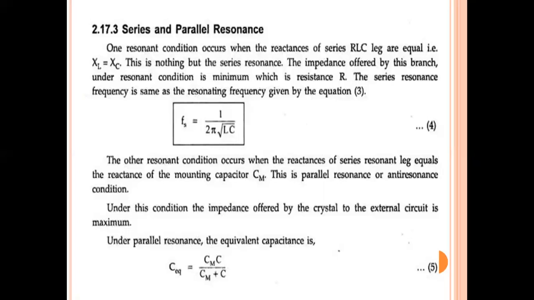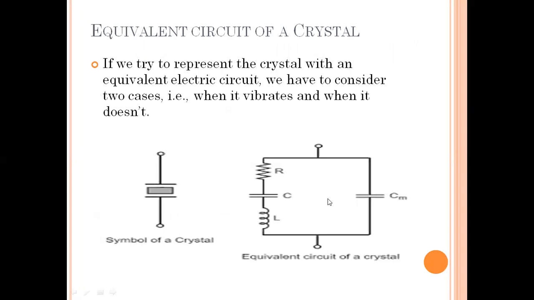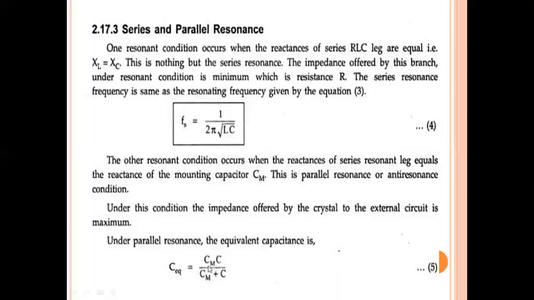Under parallel resonance, the equivalent capacitance becomes C equivalent equal to CM into C by CM plus C. So in the parallel resonant frequency, we get two capacitances, CM and C. And the parallel resonant frequency FP is equal to 1 by 2 pi root L into C equivalent.